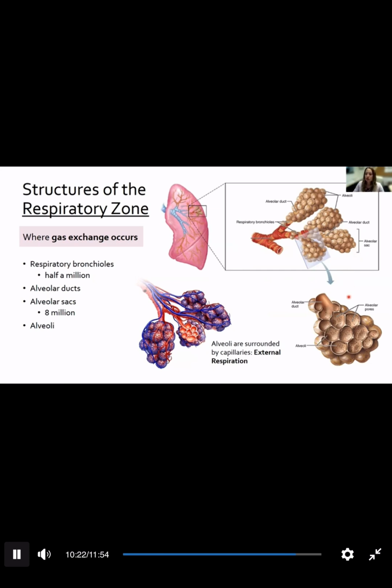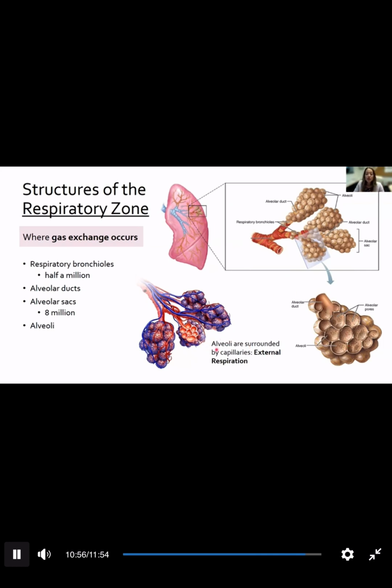Okay, so you can see the cross section down here where the alveolar duct terminates, and you have different alveoli, which are hollow sacs, whose only purpose is to contain gases. All right, so the air we breathe in is contained and exchanged at the site of these alveolar sacs. So air comes all the way down the conducting zone and then into the respiratory zone where it is contained in these alveoli, and that allows for the actual gas exchange at these sites.